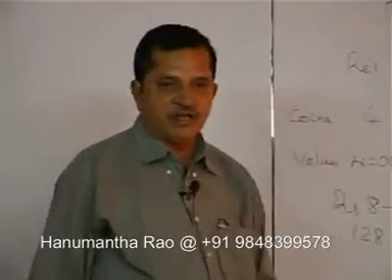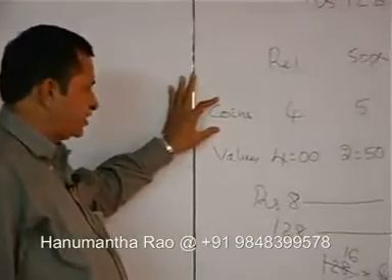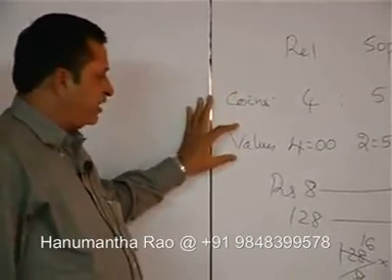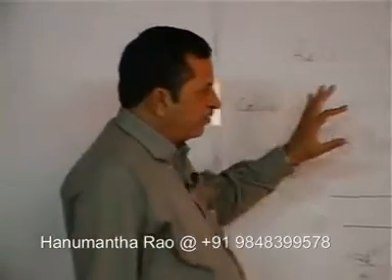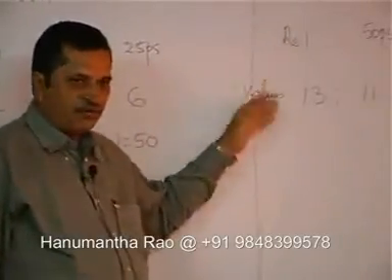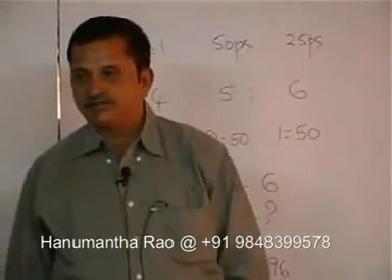What we did in the earlier problem, when the coins ratio was given, was write down the ratio of the values. When the values are given, what should we do? You should write down the coins.